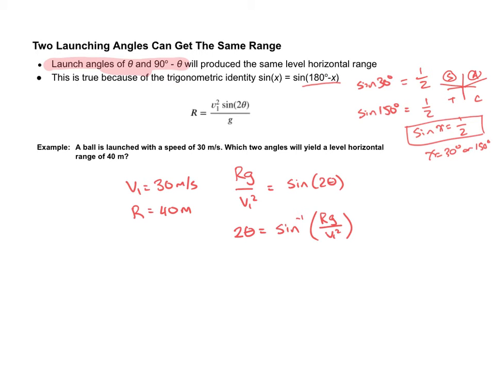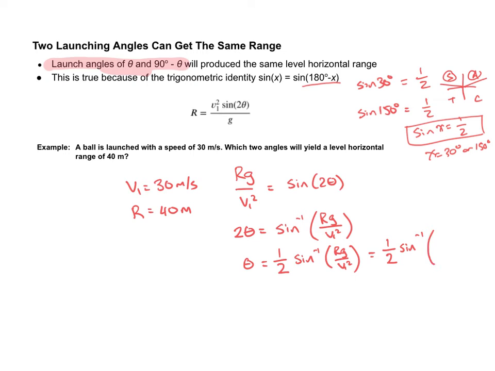And then, if I divide that by 2 or multiply by 1/2, theta would be 1/2 of the inverse sine of this fraction. And the inverse sine of that fraction has two answers. The calculator is going to give you one of the answers. So let's see what the calculator gives us for one of the answers.